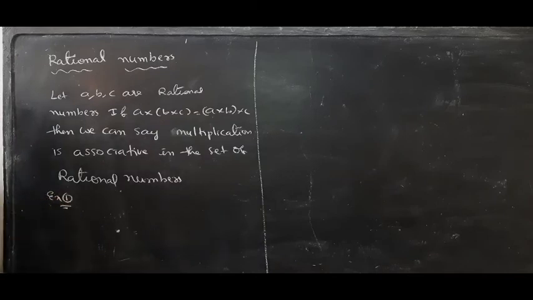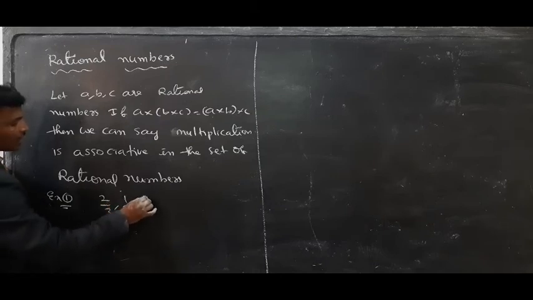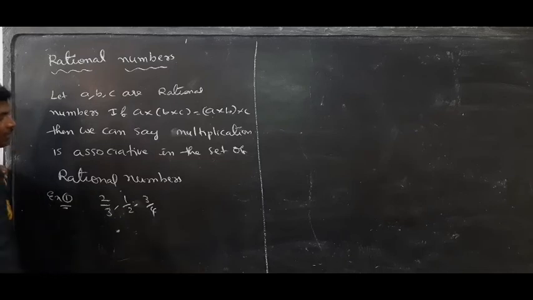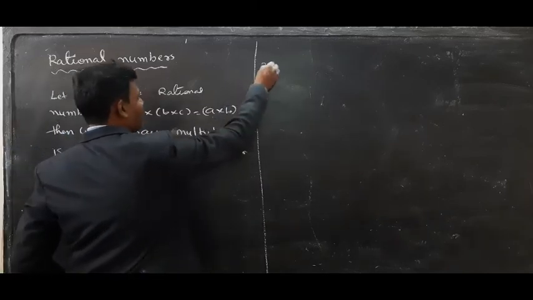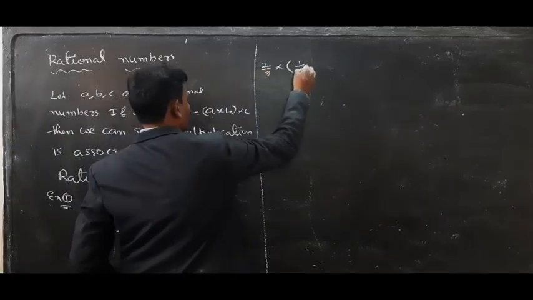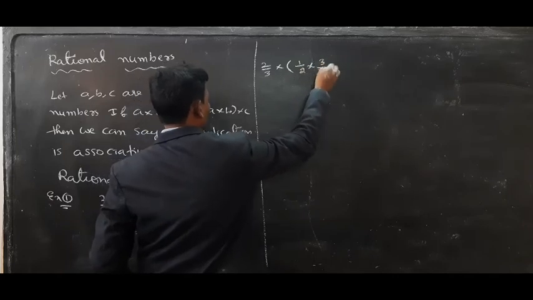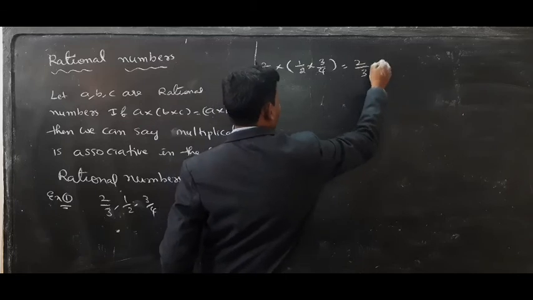Here, example 1. For example, 2/3, 1/2, 3/4, all three rational numbers. See here, I need (2/3 × 1/2) × 3/4.